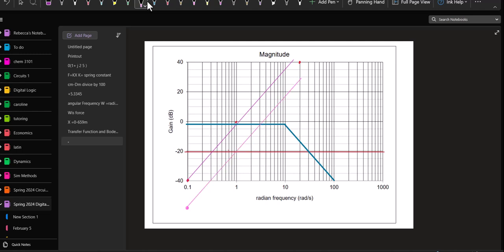The quadratic pole adds a slope of negative 40 to our previous slope of 40, and so that will cancel out, and we'll just have a straight line there. So there we have it.